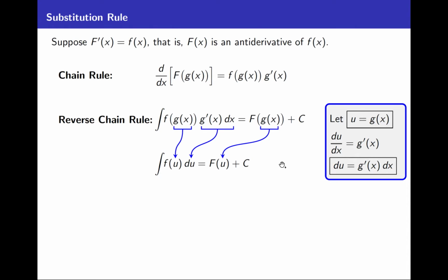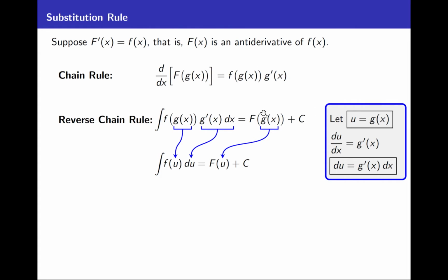Now, if you look at this, the left-hand side and the right-hand side on the top are equal because that's the reverse chain rule. On the bottom, the left and right sides are equal because big F is an antiderivative of little f. And furthermore, the two right-hand sides are equal because you've made the substitution u equals g of x here, and under that agreement, big F of g of x is equal to big F of u.